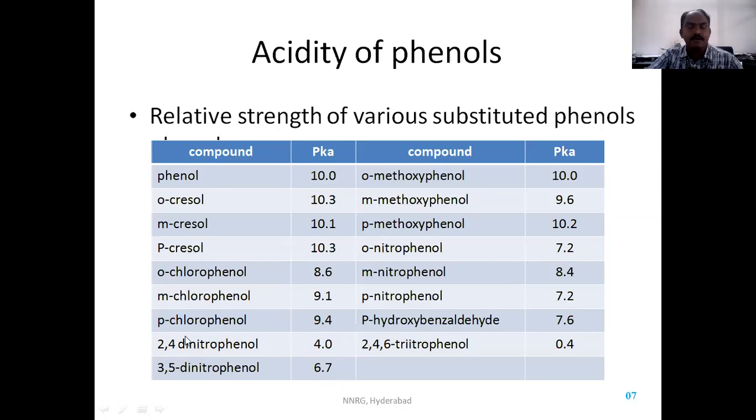Though these have the same nitro group substitution, the position is different. In the ortho and para positions, the delocalization involves the nitro group, whereas in 3,5-dinitrophenol, the delocalization does not involve the nitro group. So the acidity is decreased slightly. But 2,4-dinitrophenol acidity is more compared to phenol and 3,5-dinitrophenol. When you increase the number of nitro groups, the acidity drastically increases, that is 0.4. Very strong acid.